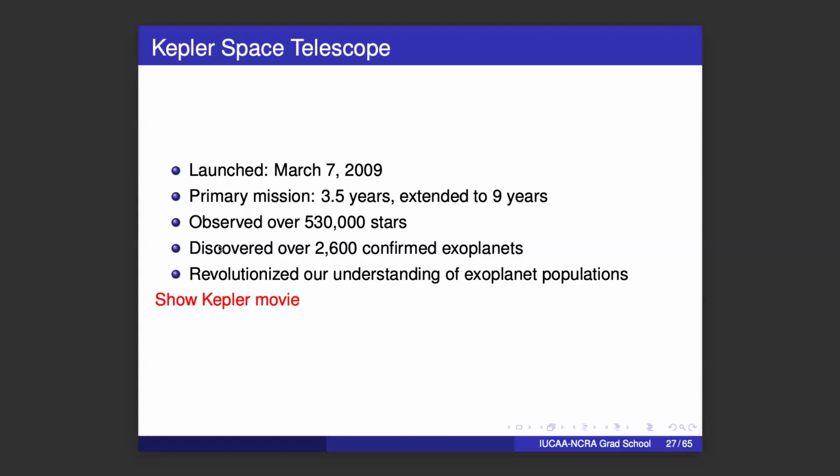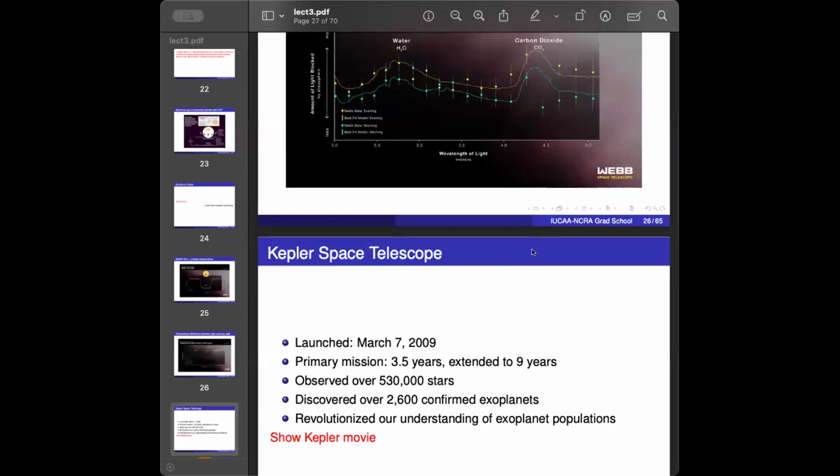So approximately 1/3 of the planets that we know were discovered by Kepler, and they are by necessity in one small patch of the sky. And it really revolutionized our understanding of exoplanet populations. One cannot imagine how much impact this has had.